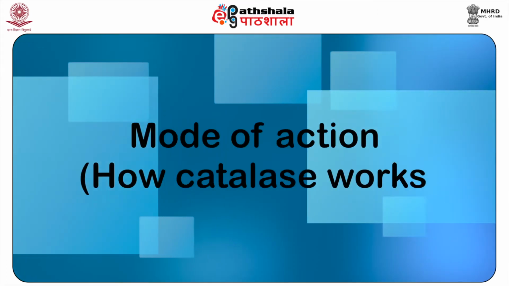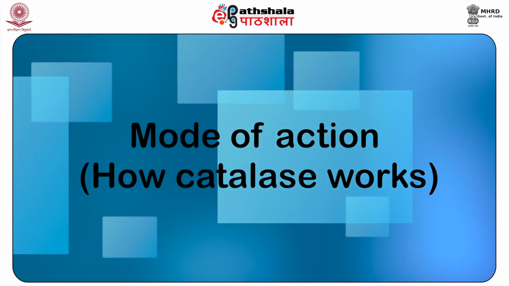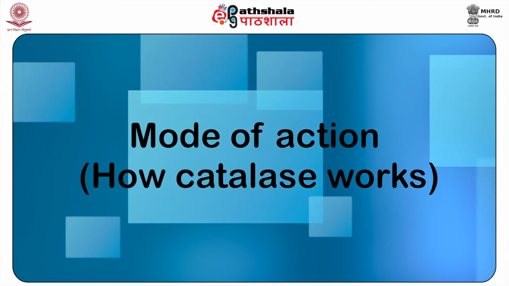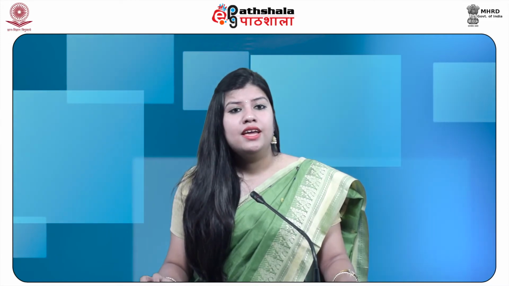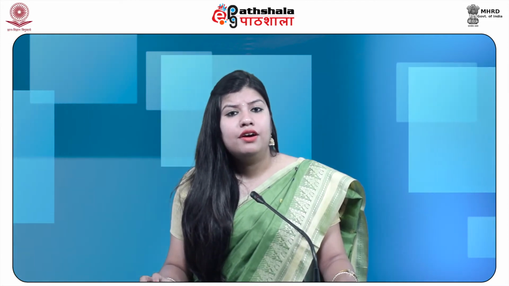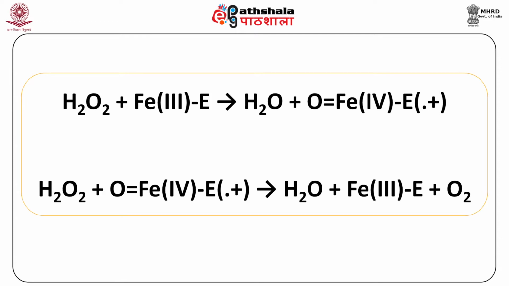Next, we move on to the mode of action, that is, how does catalase work? Although the exact mechanism of catalase is not known, yet it is believed to occur via a two-stage mechanism in which the heme iron is alternately oxidized and reduced by hydrogen peroxide at the active site.